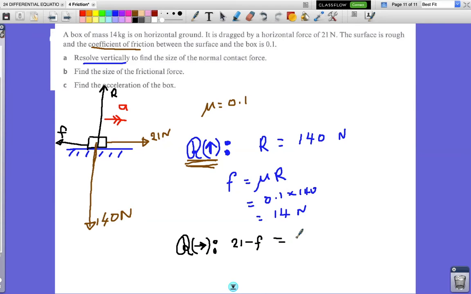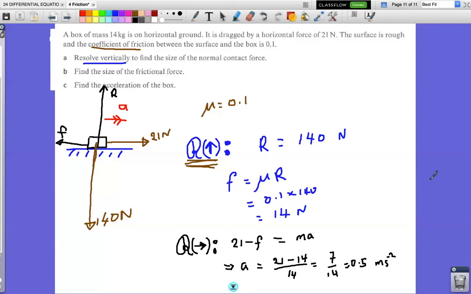That is equal to ma. That gives us a equals 21 minus F, which is 14, divided by m, which is 14. That gives us 7 divided by 14, which is 0.5 meters per second squared.